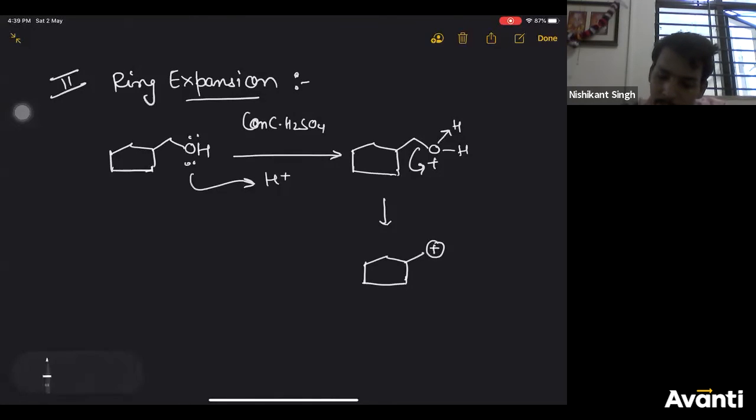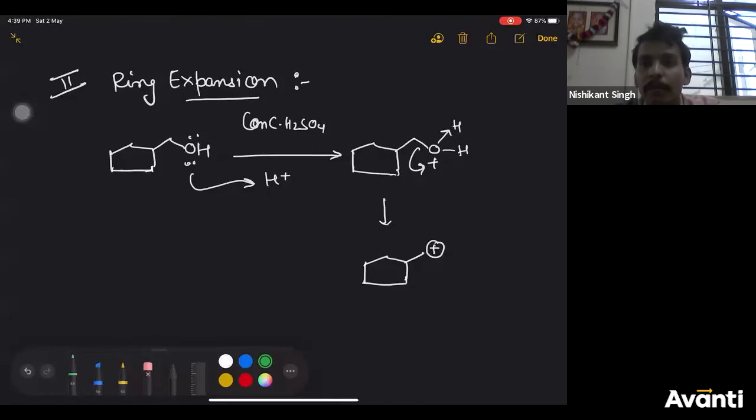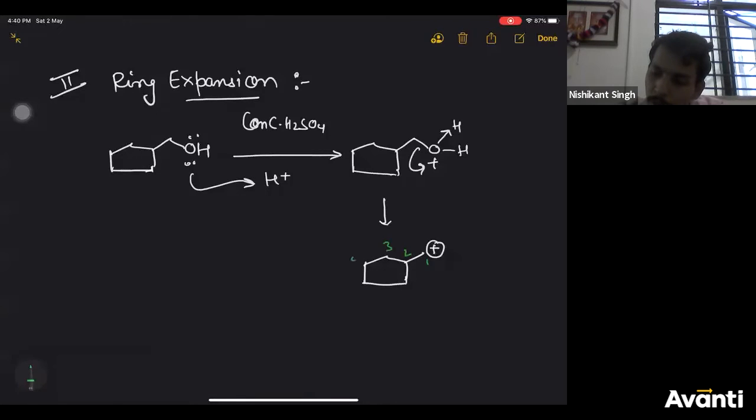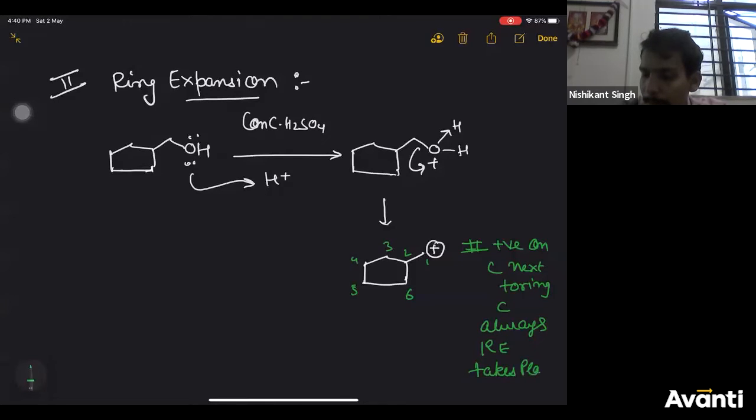Now see this step very, very carefully. I'm numbering it 1, 2, 3, 4, 5, 6. First thing you should note here, whenever there is a positive charge on a carbon next to a ring carbon, always ring expansion takes place.